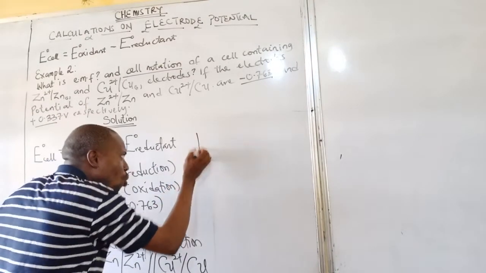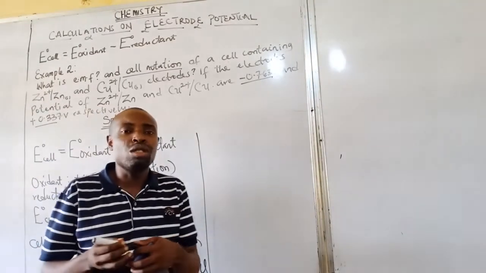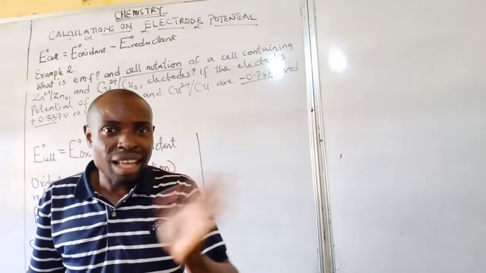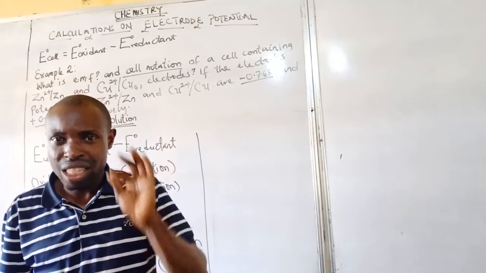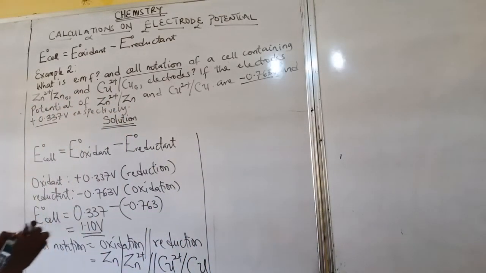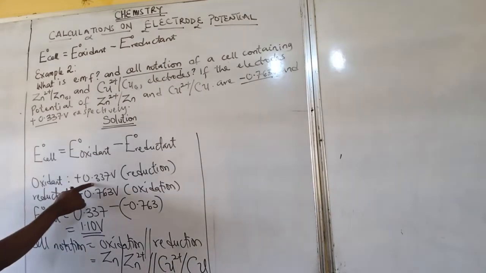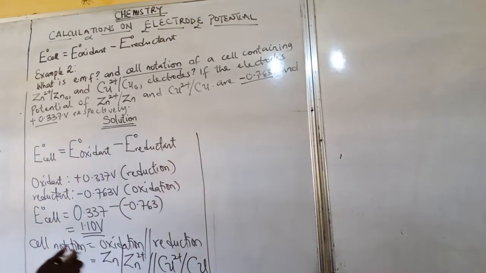For method 2, which is the direct method, which is the one that we mostly make use of, with this method there tends not to be error in our calculation, it is very simple. So what do we do, or how do we go about it? Since you now know that your oxidant is this and your reductant is this, very simple. Now we move ahead here.